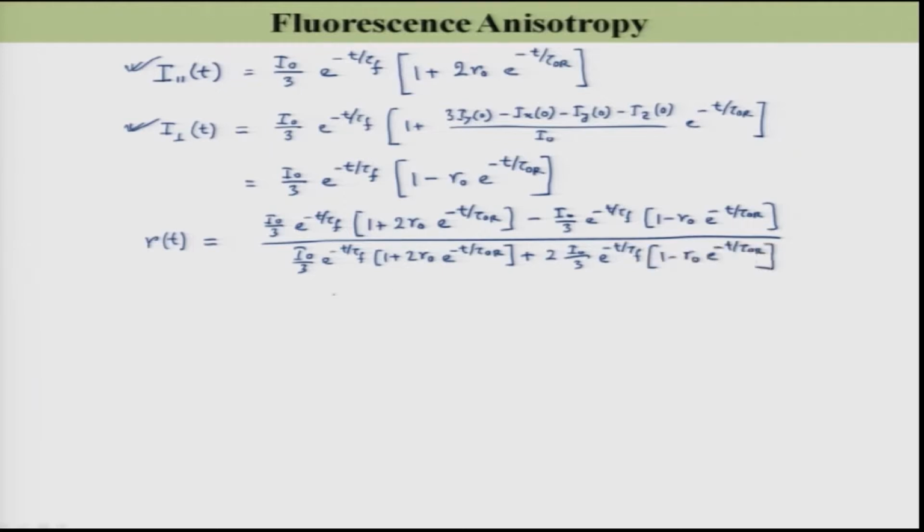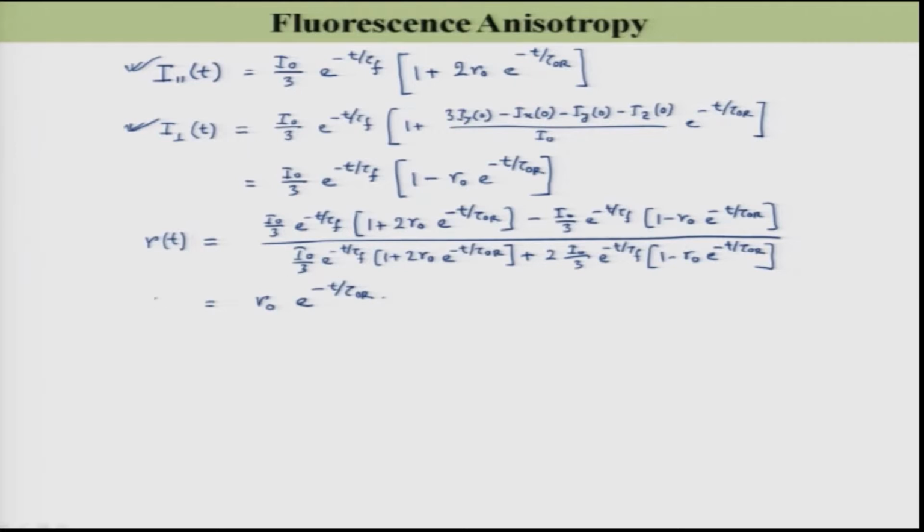This looks big, but if you simplify, which you can do later, you are going to see a very simple form, which is nothing but r 0 into e to the power minus t by tau r.